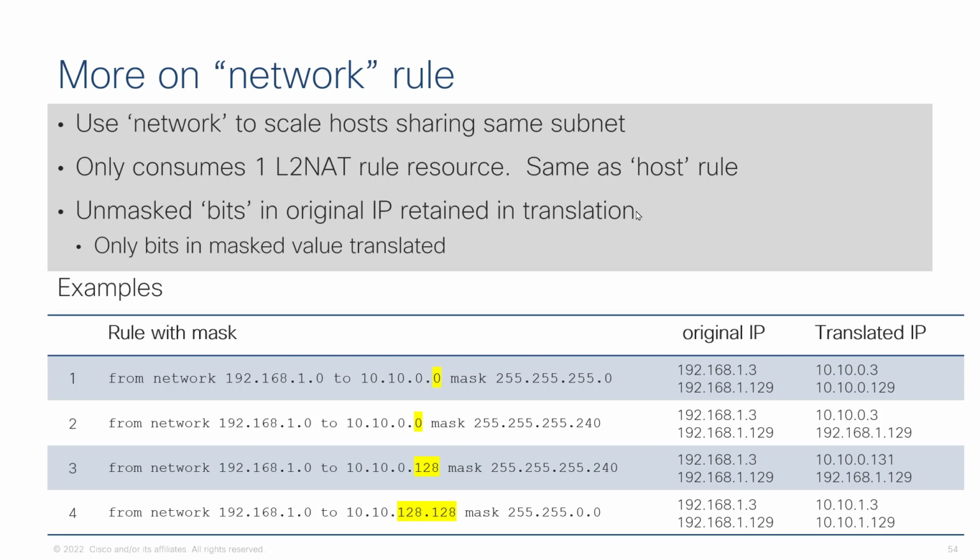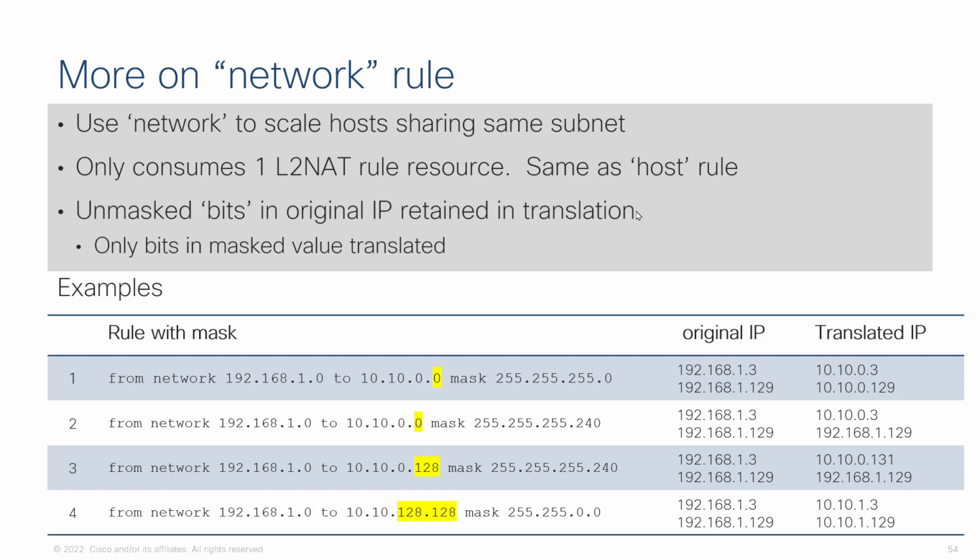Row 3 shows the same thing, but just like the example we showed before, now we have a .128 as part of our translated public IP address, and so now the 1.3 in the original IP address becomes 131, because we had to add 3 to the translated IP address.